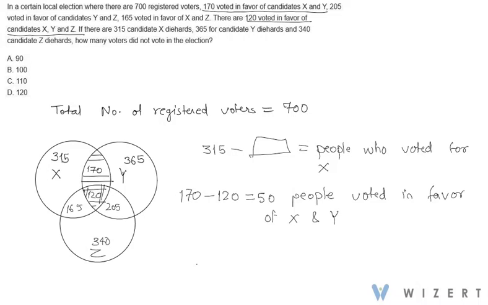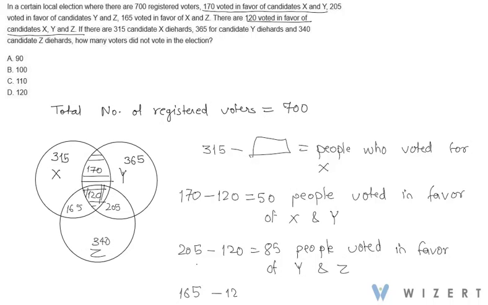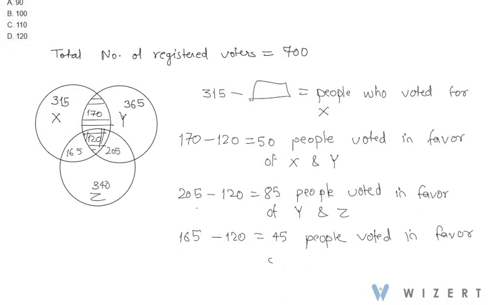In the same way, 205 minus 120 equals 85 people voted in favor of Y and Z only. 165 minus 120 equals 45 people voted in favor of X and Z only.